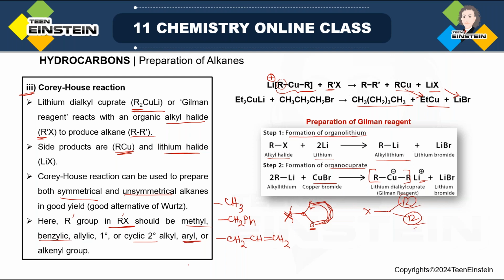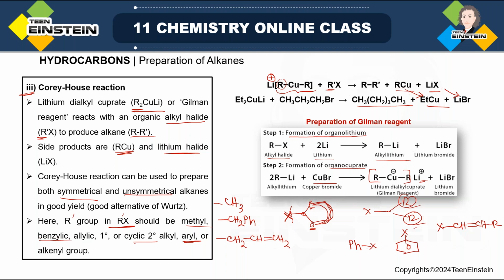Aryl, though we are not discussing any aromatic compounds here, you can also do the reaction with PhX. That means halogen attached with benzene ring, PhCl, PhBr, that also you can do. Or alkynyl group. Alkynyl group means the halogen is attached to a C=C double bond and there may be hydrogen or R, whatever. So these are the different types of groups that we can take.